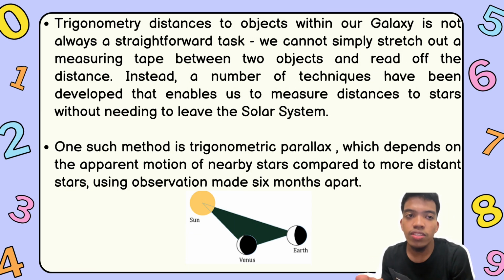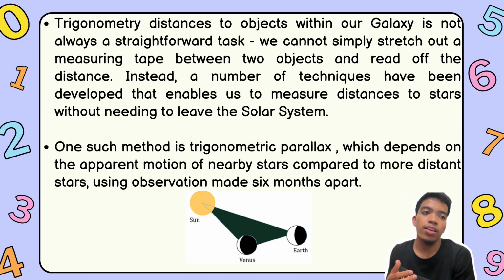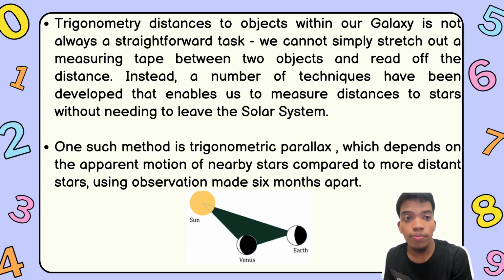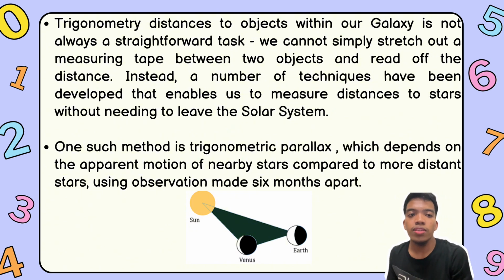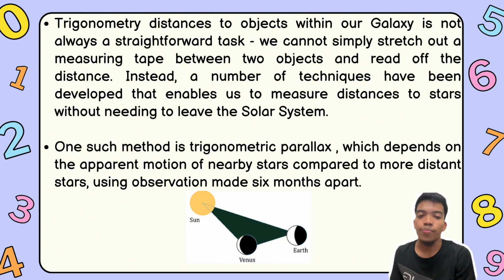Measuring distance to objects within our galaxy is not always a straightforward task. We cannot simply stretch out a measuring tape between two objects and read the distance. Instead, a number of techniques have been developed that enable us to measure distance to stars without needing to leave the solar system.